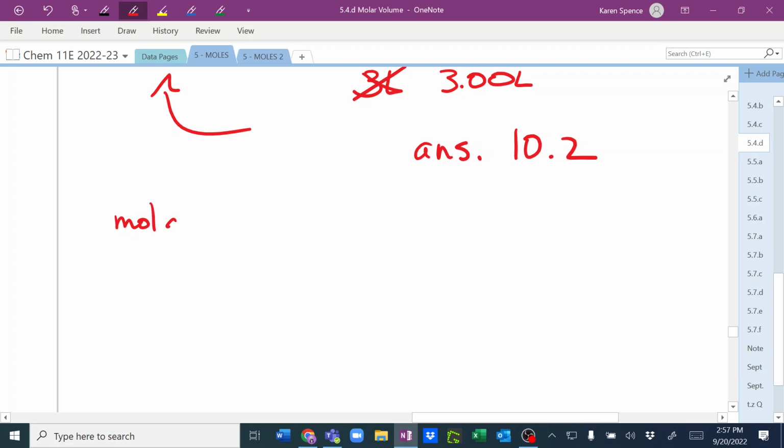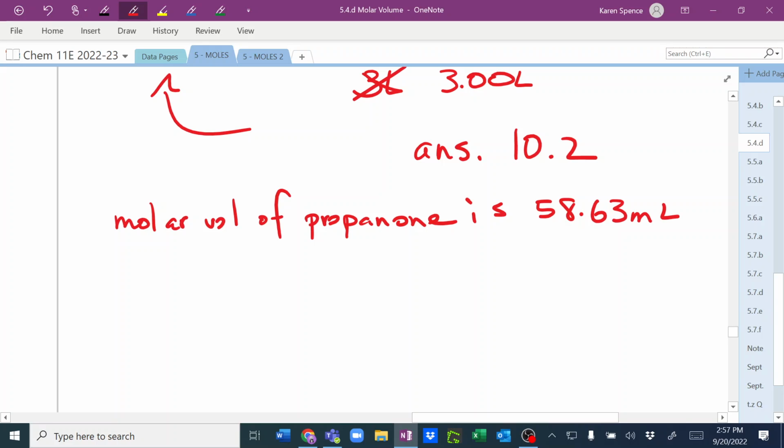Molar volume of propanone is 58.63 milliliters per mole, and we want to know the density. And density would be in grams per, what would you like?